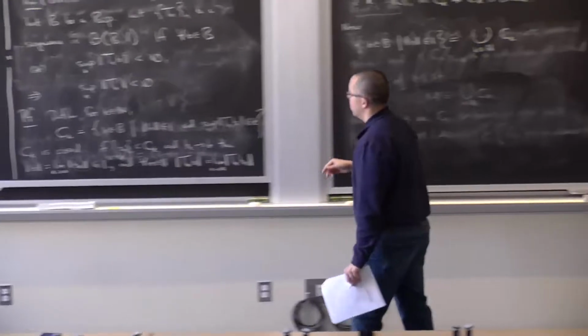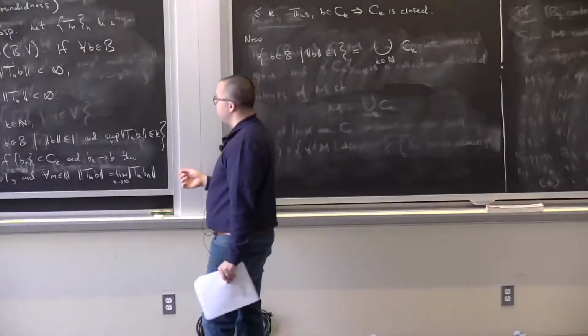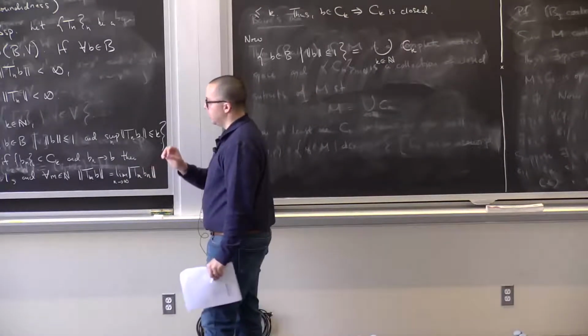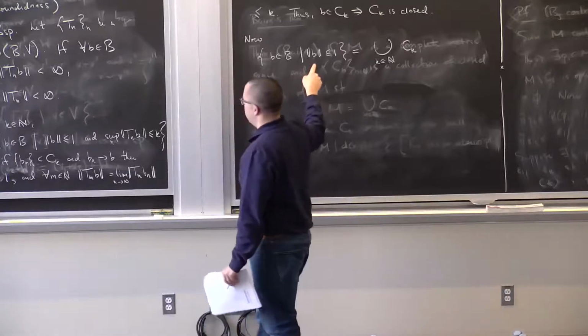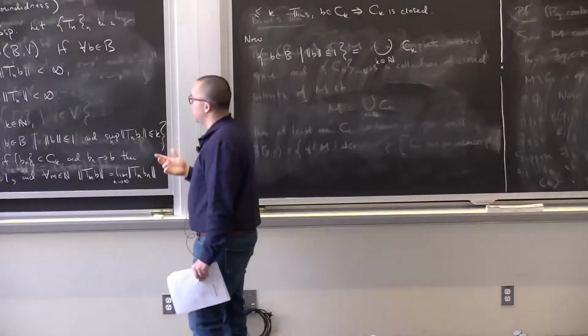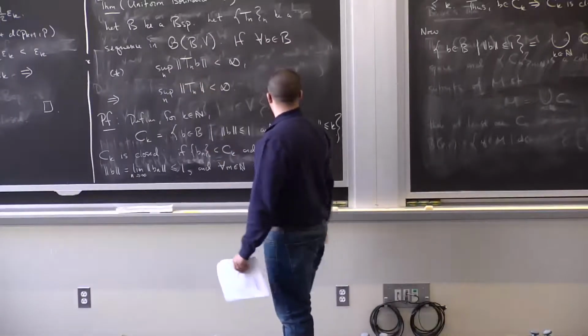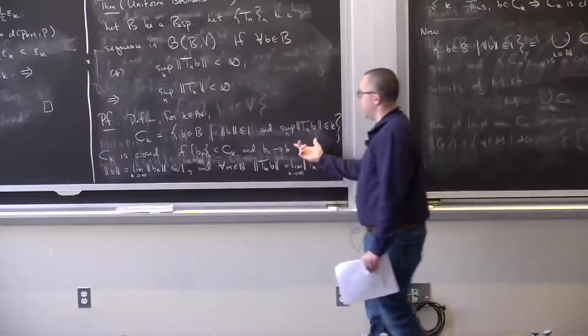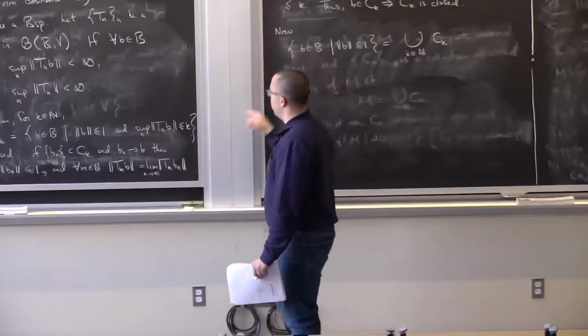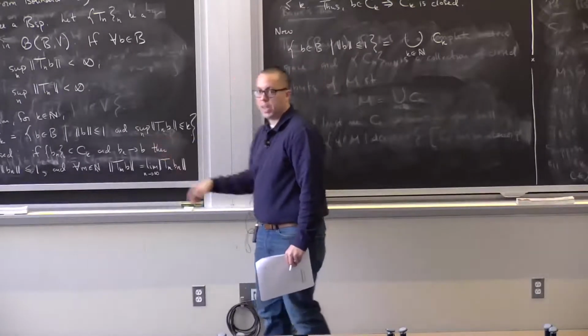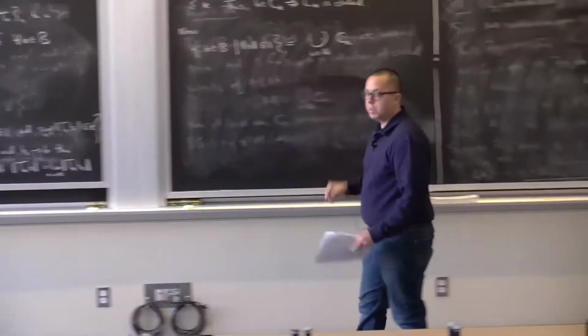So given a b in this set, I can always find a large enough integer k such that this is less than that integer. So every element in here has to lie in one of these sets C_k. So this is equal to the union.